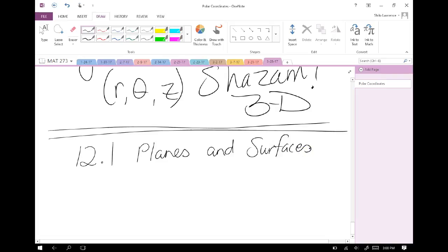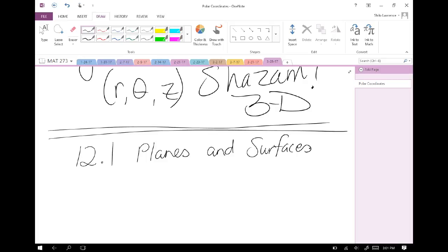A lot of 12.1 is review of lines and planes. We've already done a lot with lines and planes, but chapter 12 starts talking about functions of several variables. The very first graph that we've seen in space is the curve, which is not represented by a three-dimensional equation, but by a vector valued function.